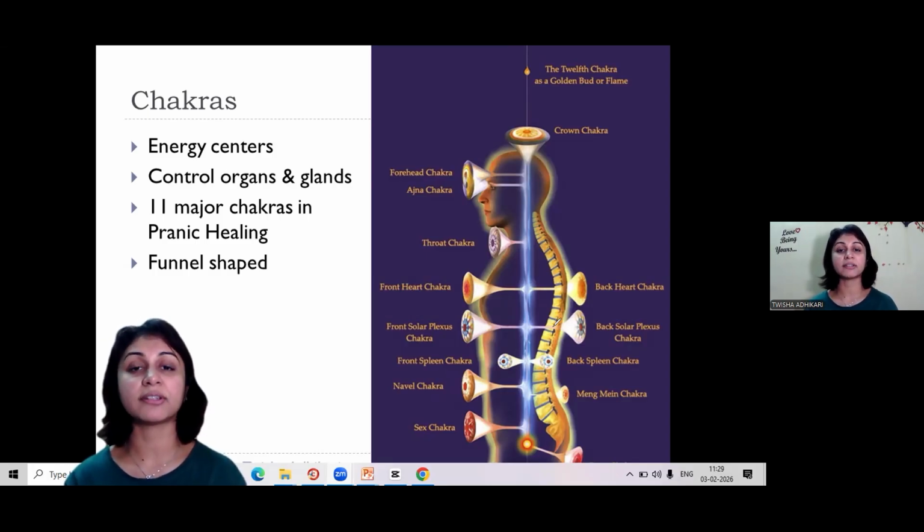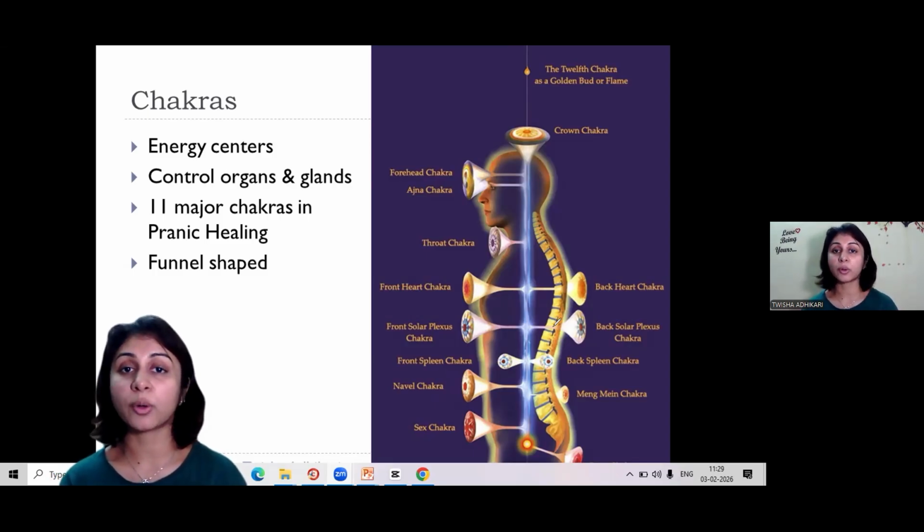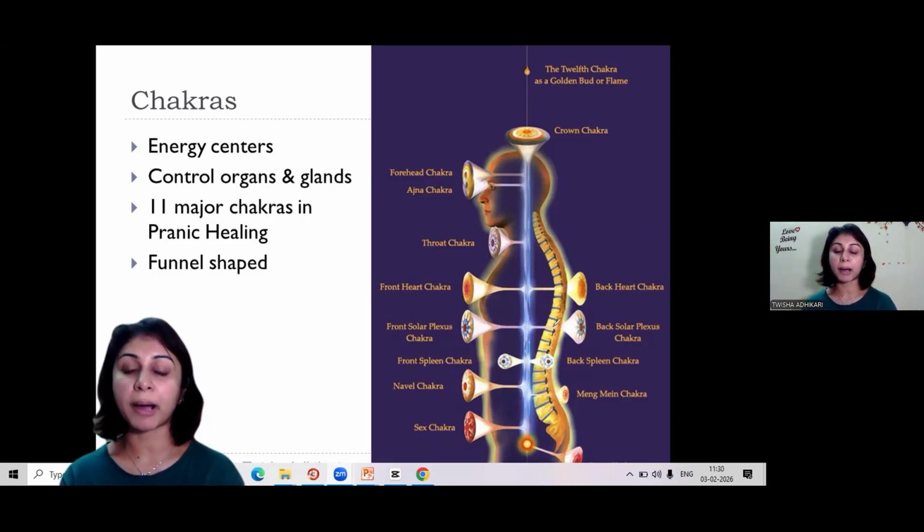It breaks down the white prana, and then it sends these color pranas into the various chakras. So it basically energizes the entire bioplasmic body and the physical body.